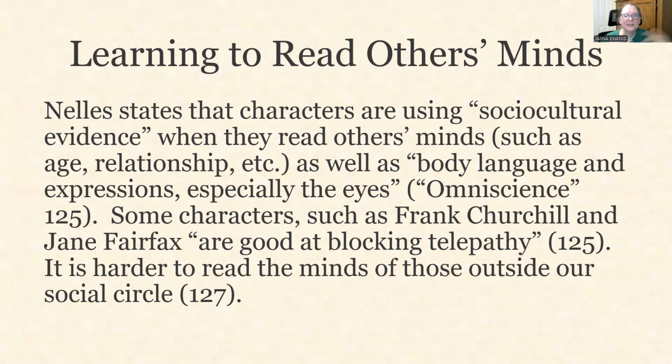But he talks about some characters like Frank Churchill and Jane Fairfax, because they've got this big secret that they have to hide. They're really good at blocking telepathy, or people being able to read their minds. And even Mr. Knightley in the beginning doesn't have a sense of what's going on with them.